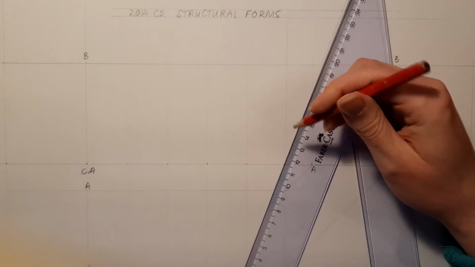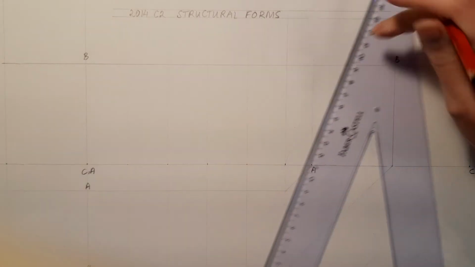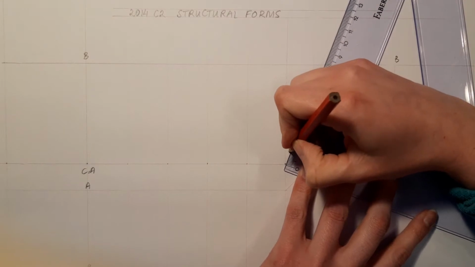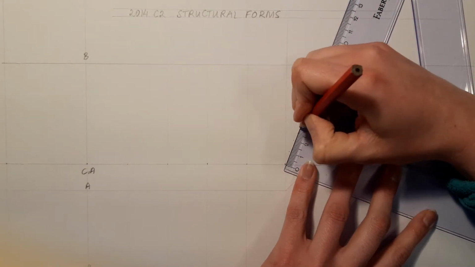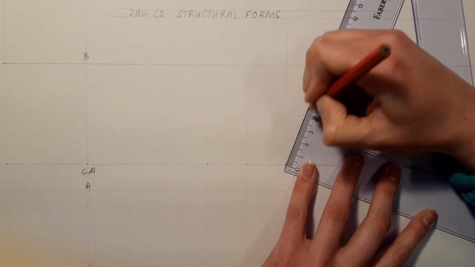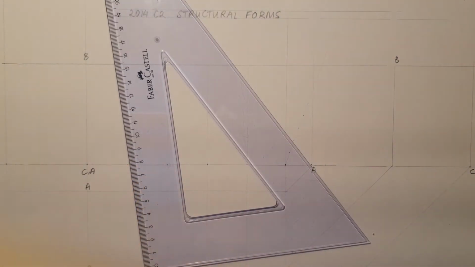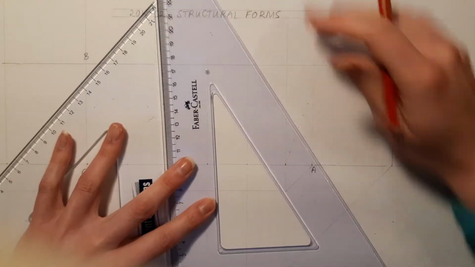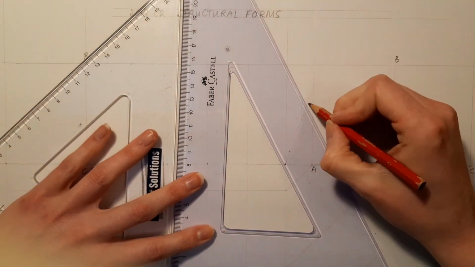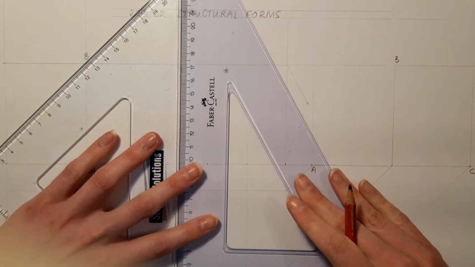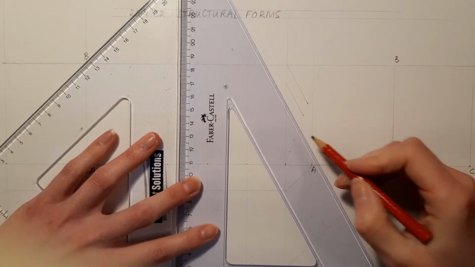Draw a random line off at any angle, measure 5 spaces on it, bring the last point of the line to the end of the 75 high, and slide your set squares in order to get the parallel lines going.